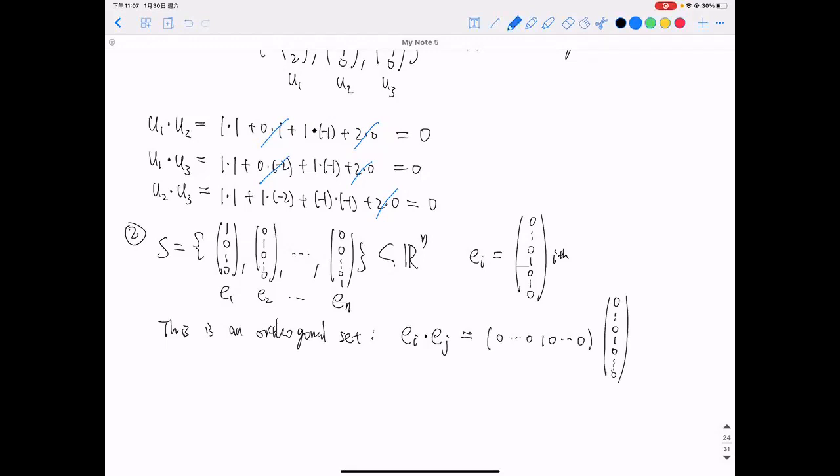The point now is that this row vector is the transpose of ei, so the 1 here, the only non-zero entry, occurs in the i-th place, whereas this column vector, which is just ej, has the non-zero entry at the j-th place, right?